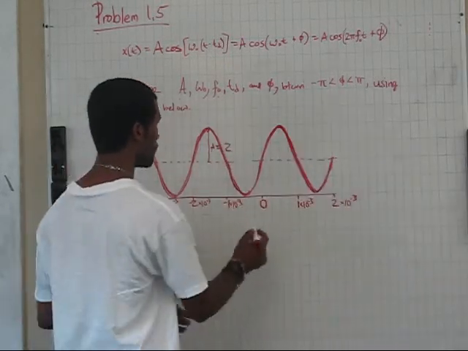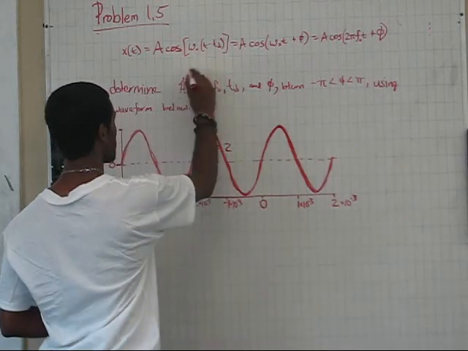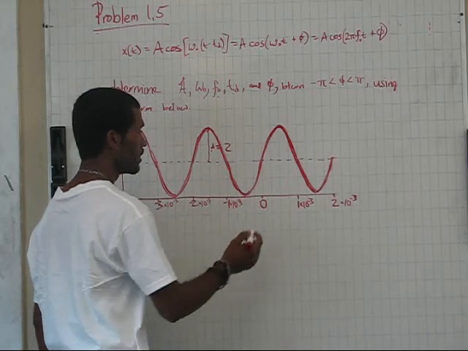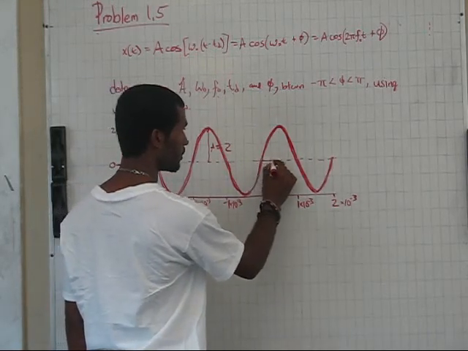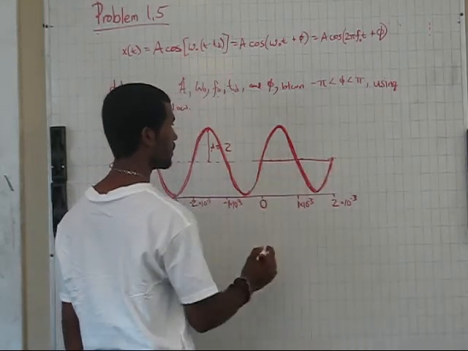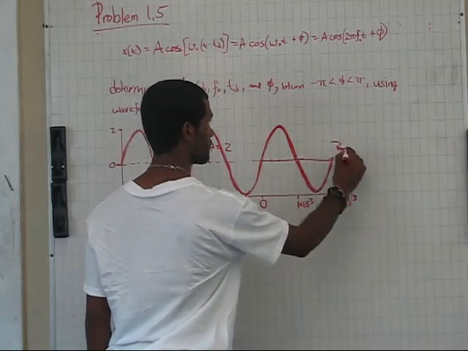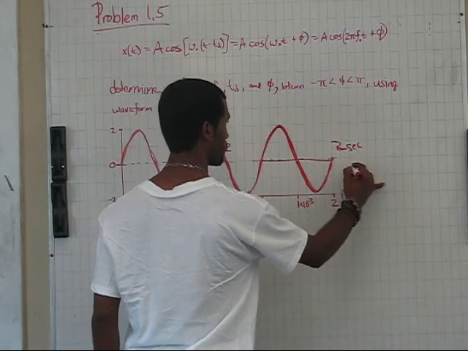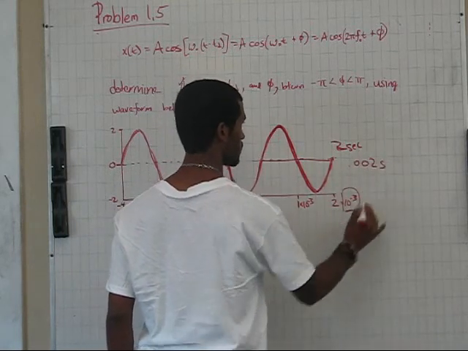And that's your A right here, so that's check. And to figure out the period, or T, is basically how long it takes to do one complete revolution. So like from here to here is 2 seconds, right? But remember, this is in the milliseconds, so it's going to be 0.002 seconds.